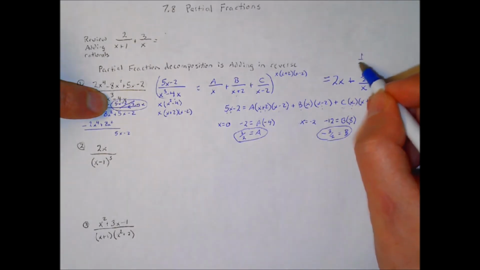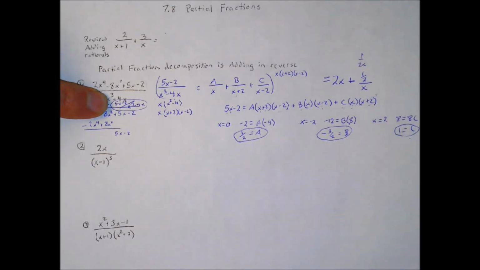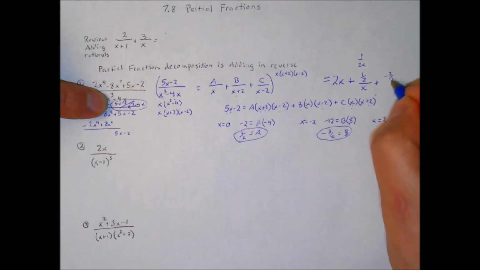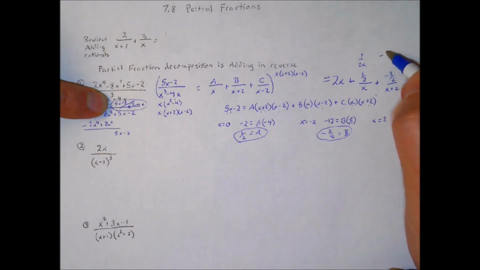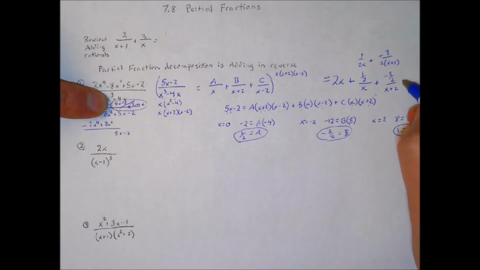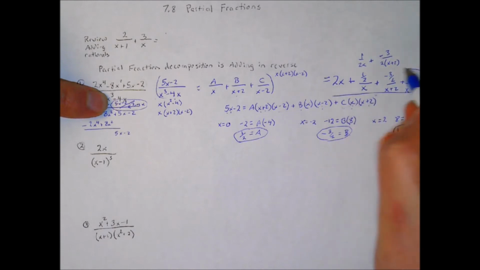Plus b, which is negative 3 over 2 over x plus 2. Another way to write that is negative 3 over 2 times (x plus 2). And plus c, which is 1 over x minus 2. So right there is my answer. You can substitute those in as well.